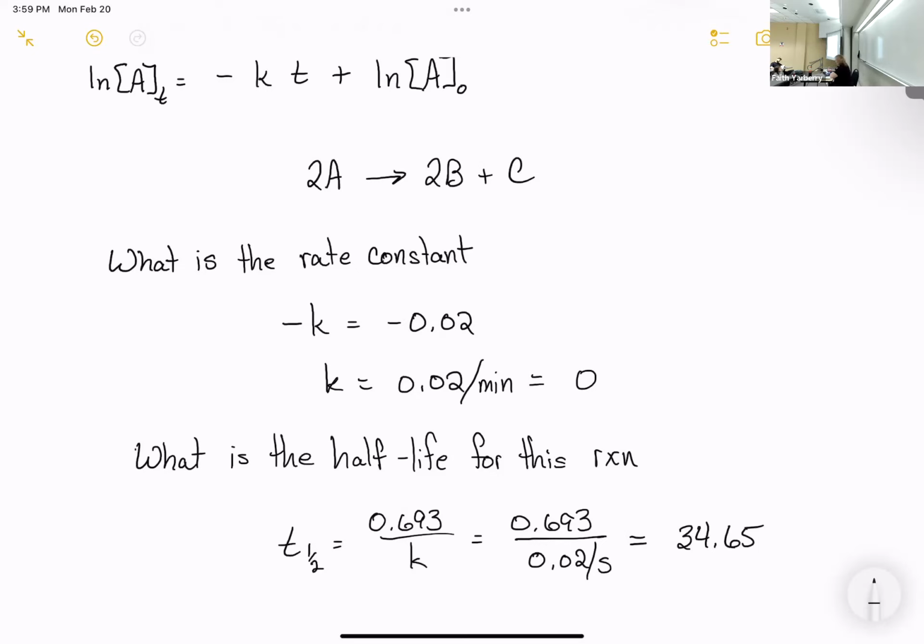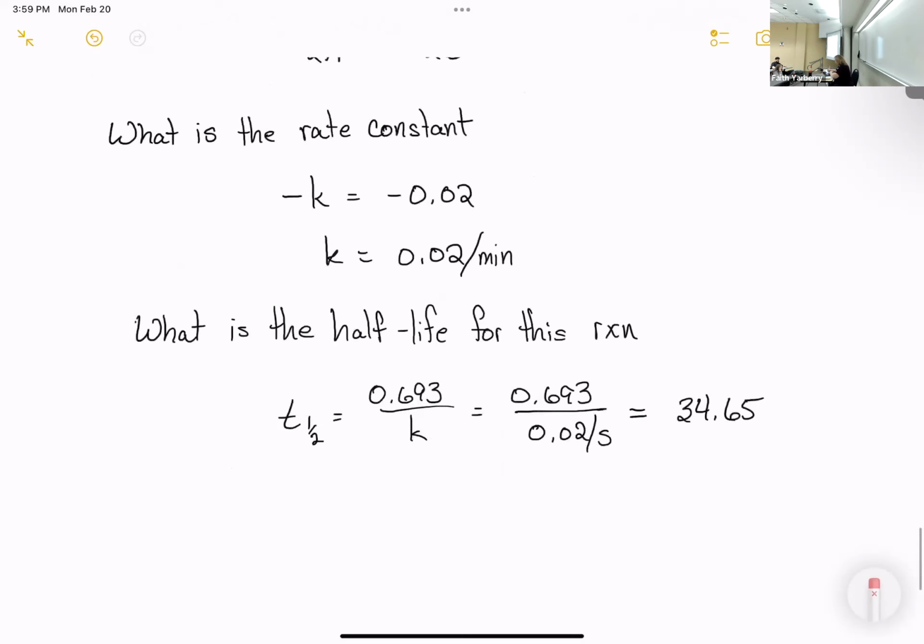It's first order. Or it can be just per minute, that's what the -1 means. And this 34 point would not be here. It would be 34.65 minutes.